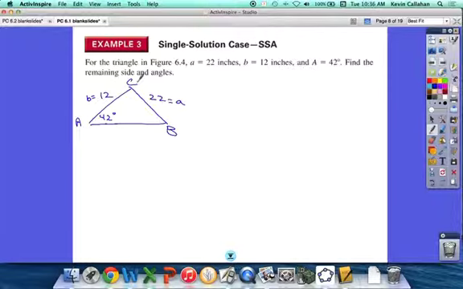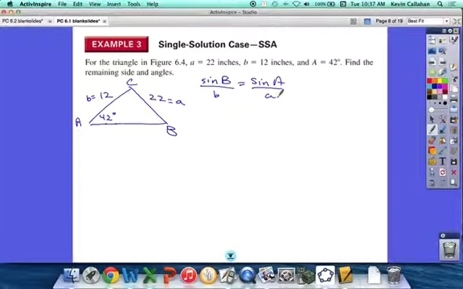What do we have to solve for first? You're going to have to find angle B, right? You know this angle and side, so that'll be one side of the proportion. And on the other side, you're going to have to solve for angle B because you know that the opposite side length is 12. So we're using this right here: the sine of B over b equals the sine of A over a.